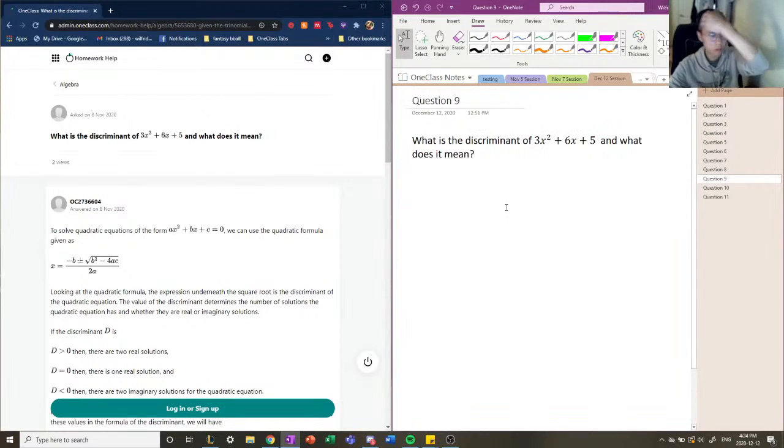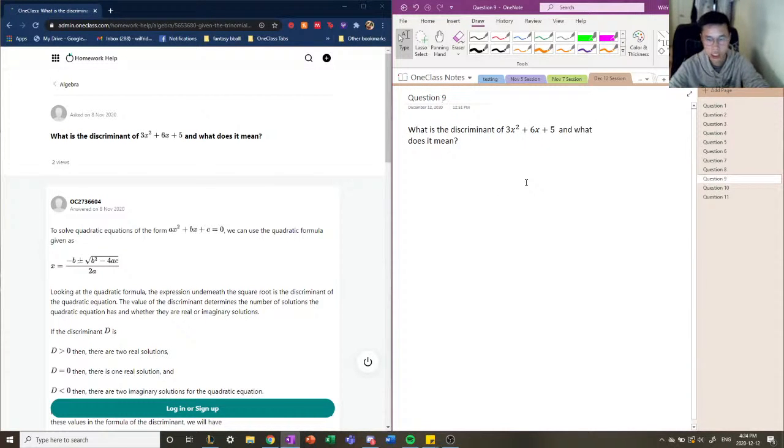All right, the next question reads, what is the discriminant of 3x squared plus 6x plus 5, and what does it mean? In previous lessons, I talked about what the quadratic formula is. It's a different method of finding the zeros of a quadratic equation or function when you're unable to use factoring or grouping or any other technique.